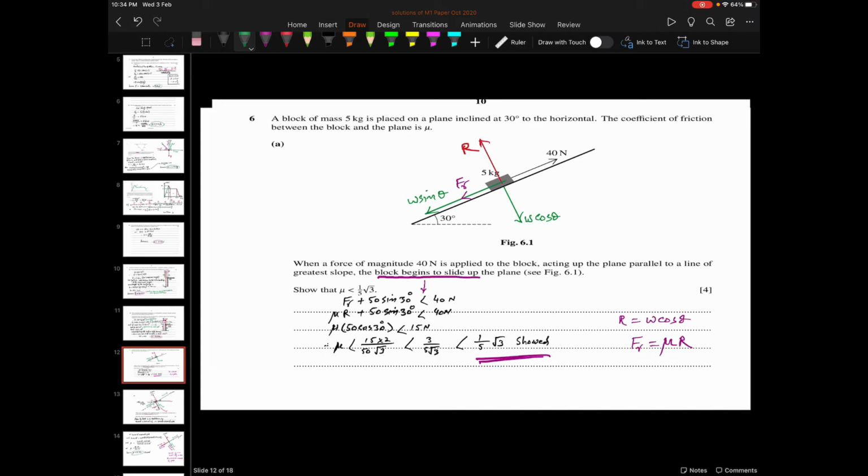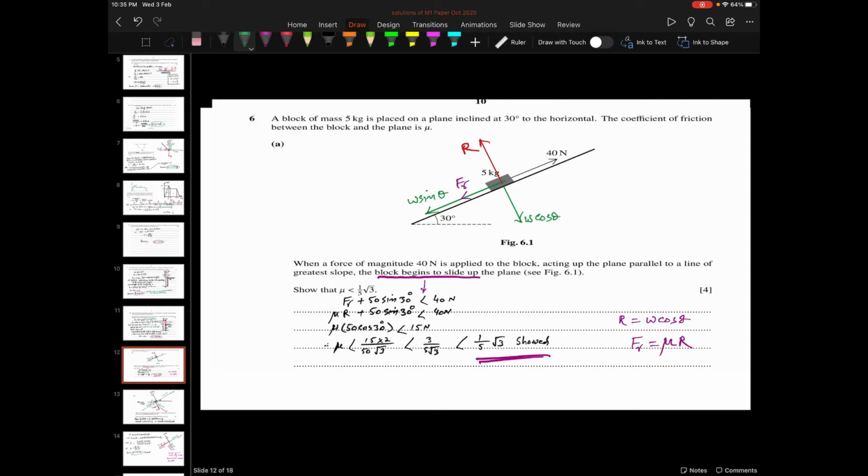So mu multiplied by 50 cos 30 degree is less than 40 minus 50 sin 30 degree, which is equal to 15 Newton. Therefore, mu is less than 15 multiplied by 2 divided by 50 into root 3.